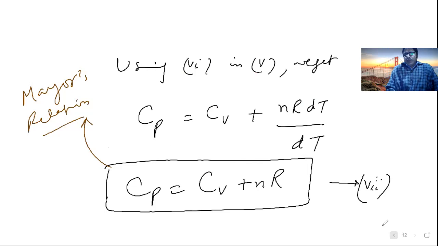The previous equation, let's say Cp is equal to Cv plus nR. That means if I have n moles of an ideal gas, then its heat capacity at constant pressure will be greater than its heat capacity at constant volume by an amount nR, right? If I have 1 mole, it will be greater by 1 R. If I have 2 moles, Cp will be greater than Cv by 2 R, and so on.